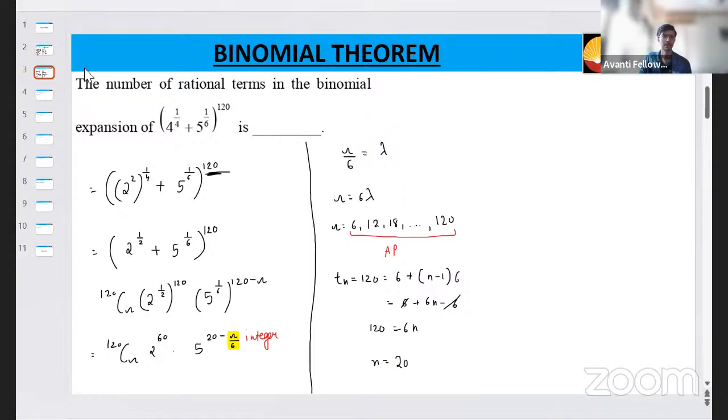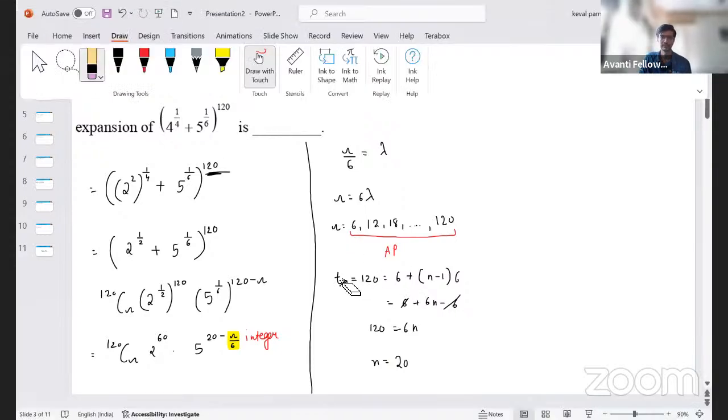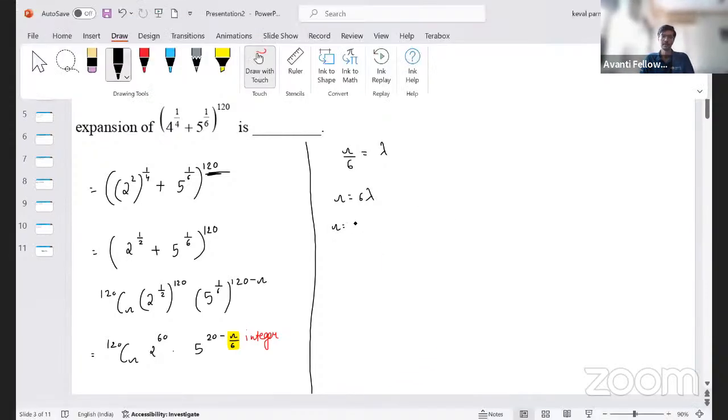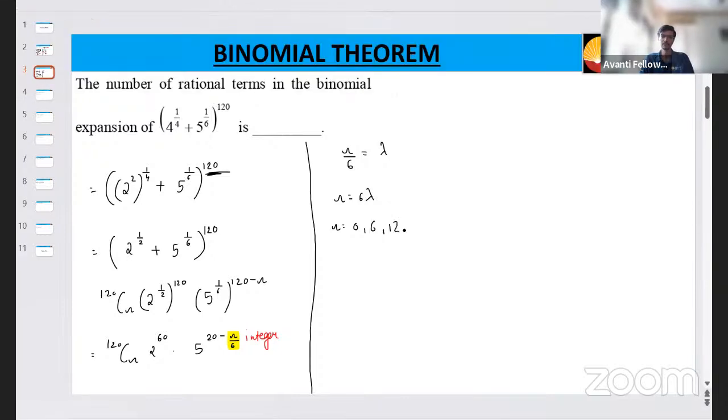Okay, sorry. हम लोग ने एक मिस्टेक कर दिया. R can also be 0. Right? Because 0 से start हो सकता है. So R can be 0, 6, 12 up to 120.